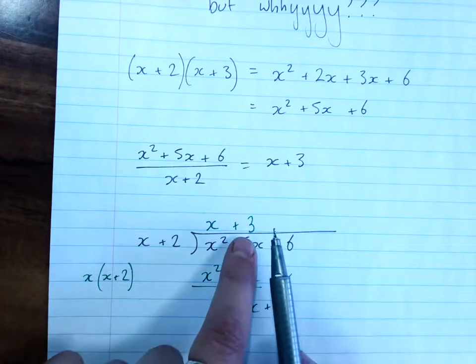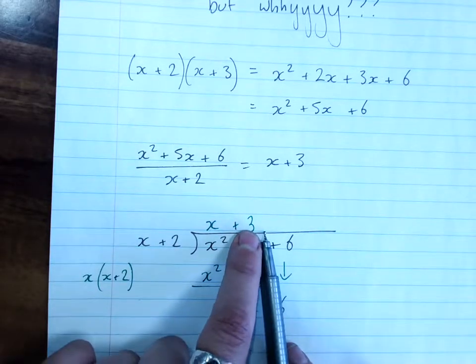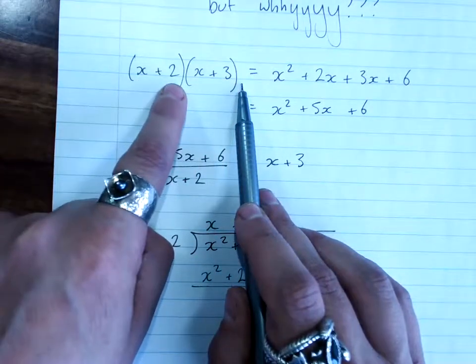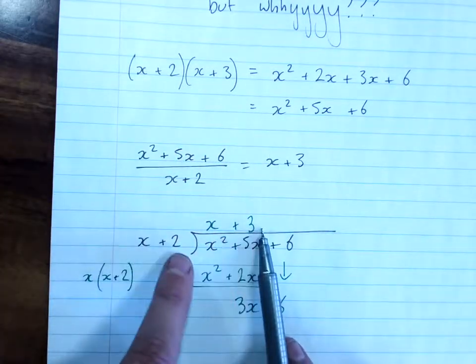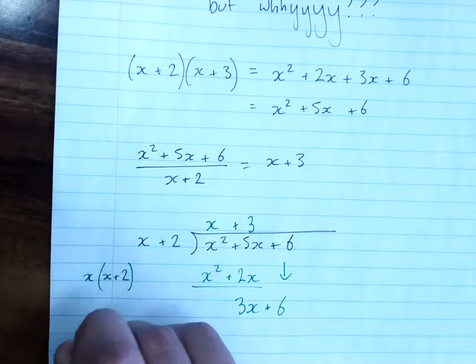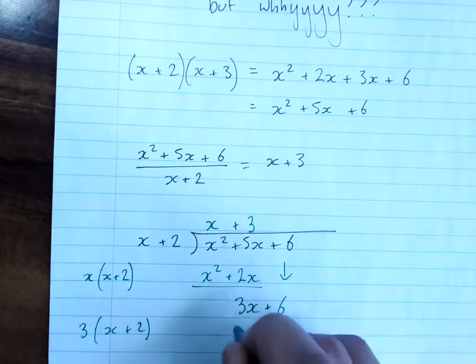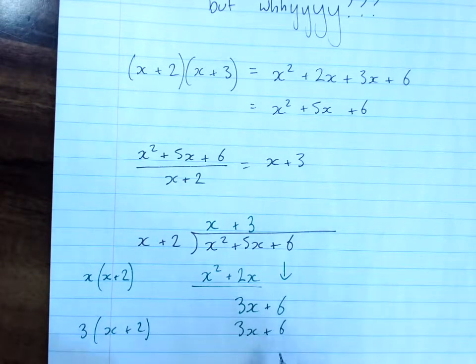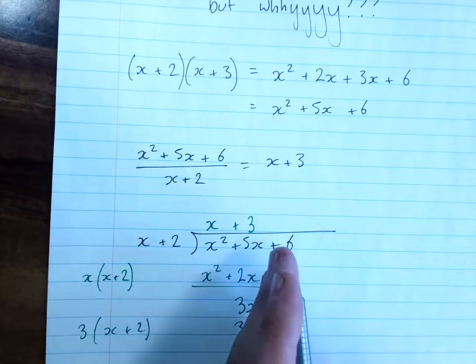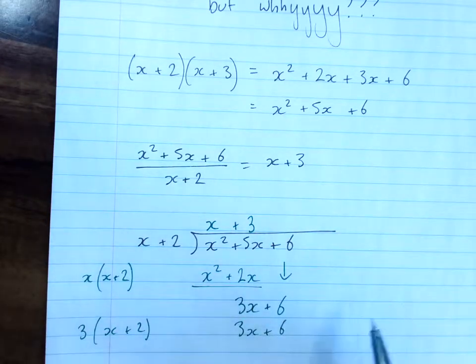Now we check that 3, we know that has to have been multiplied by this bit and this bit. See what we get when I do that, 3 multiplied by x plus 2. I get 3x plus 6, which says, hey, there's no remainder. There's nothing out of this 6 that we needed to be dealing with separately.